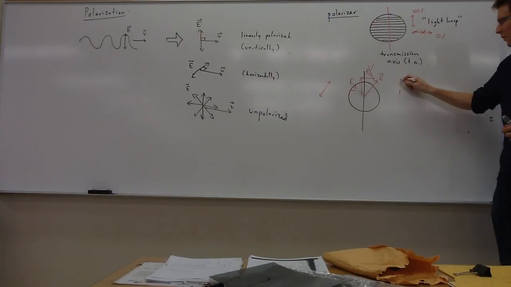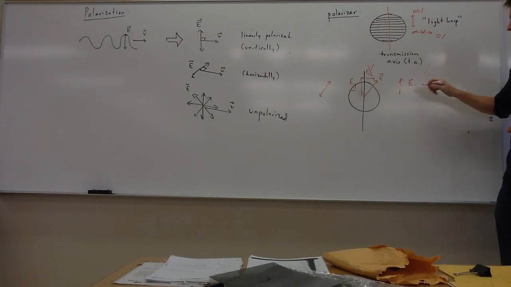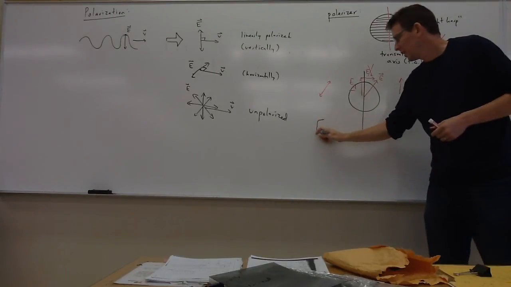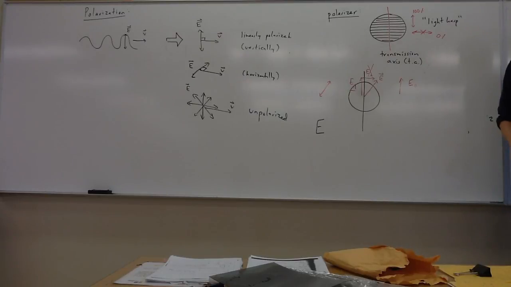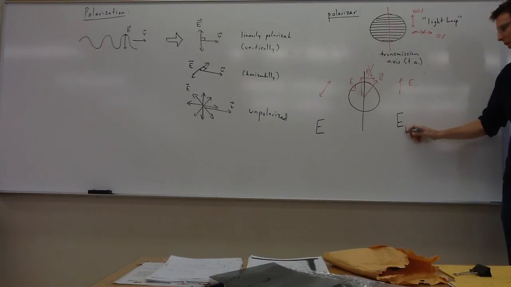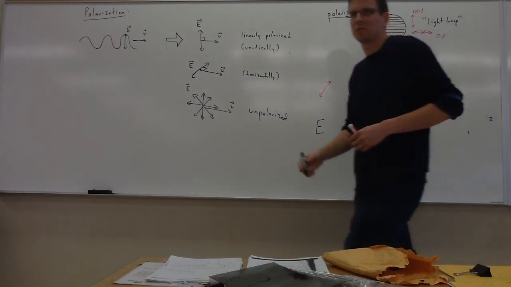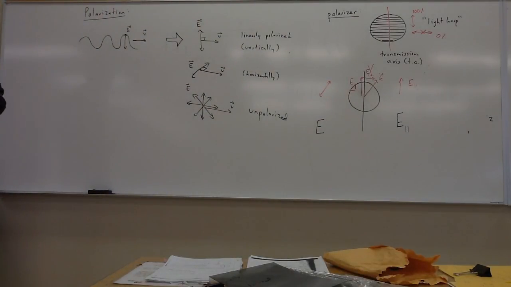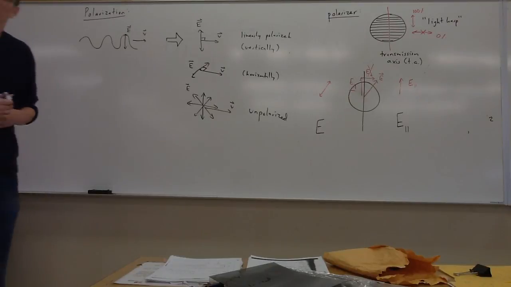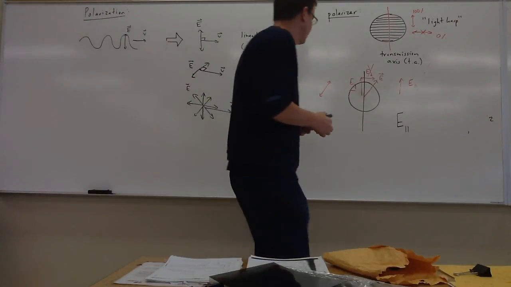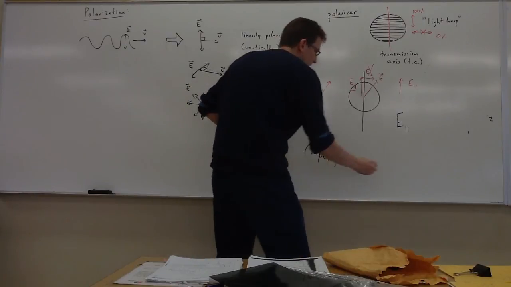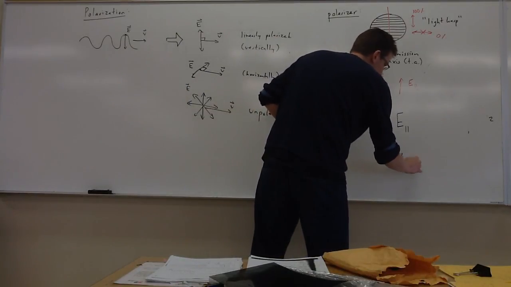So what we have coming out is E parallel. Okay? What went in was E, and then not all of that E got through. Only a part of it made it through, the part that was aligned with the transmission axis. So this is the input, and this is the output of the polarizer.